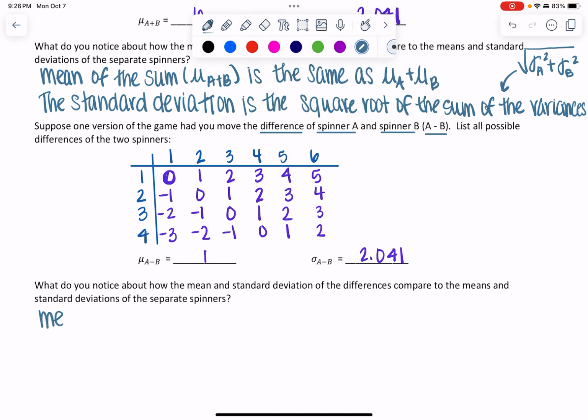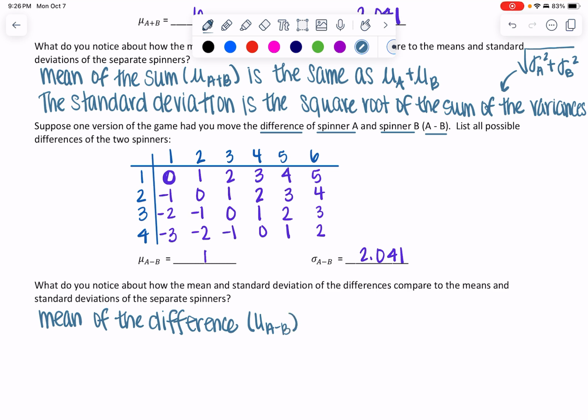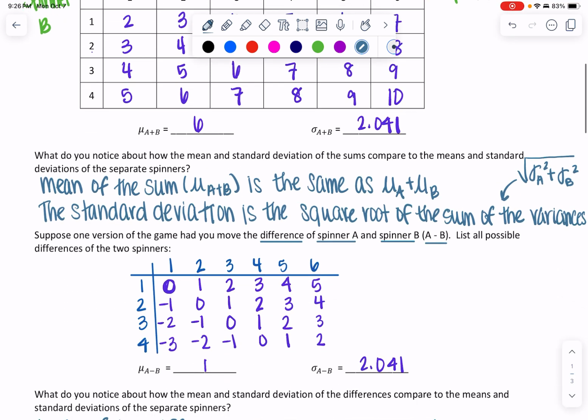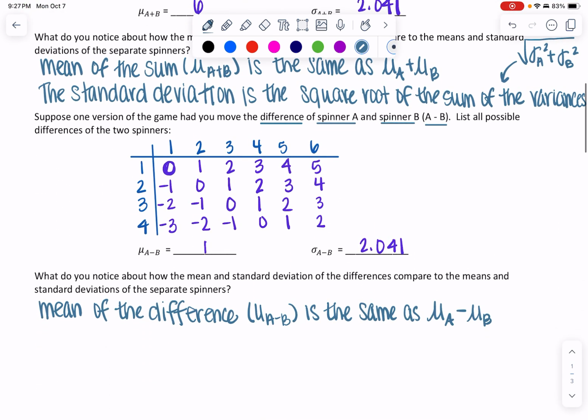Well, the mean of the difference, which would be mu of A minus B, is the same as mu of A minus mu of B. Now look at the standard deviation from the problem before and this one, and notice how they're the same.